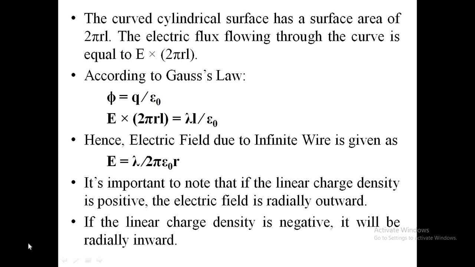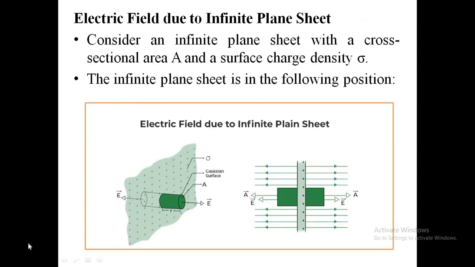Hence, the electric field due to the infinite wire is given as E is equal to lambda divided by 2 pi epsilon naught r. It is important to note that if the linear charge density is positive, then the electric field is radially outward. If the linear charge density is negative, then it will be radially inward.